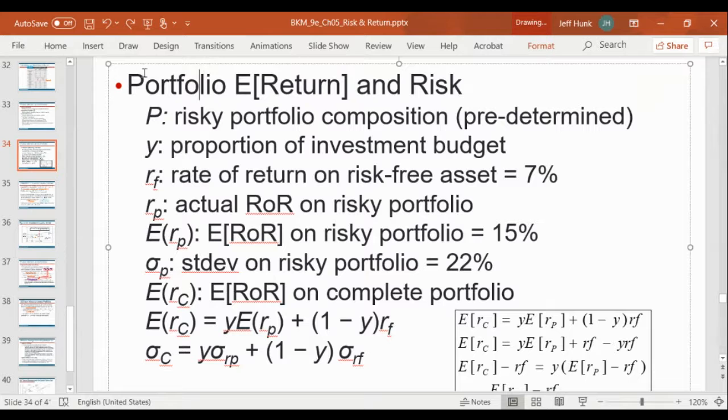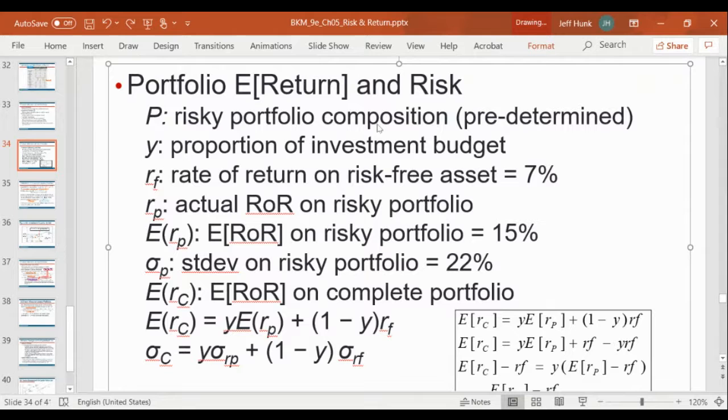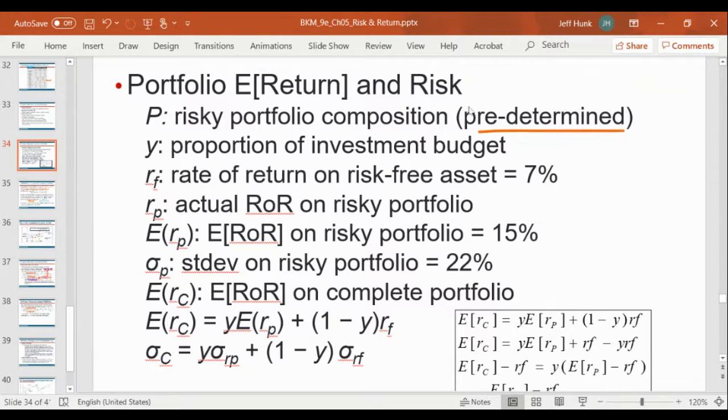But as I said, we'll get to that part in the upcoming lectures, which will actually be the next chapter. The weight of stocks and the weight of bonds, right?